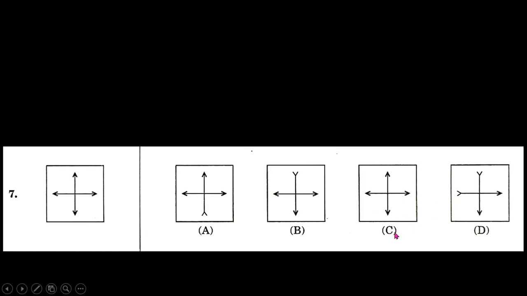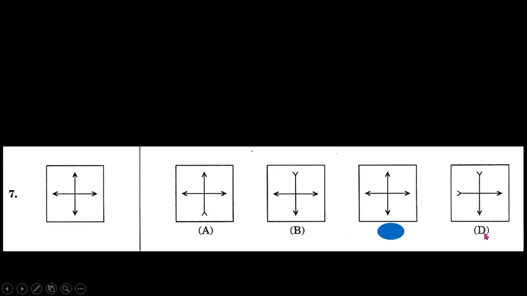Moving on to answer figure C. Here we have 2 perpendicular lines drawn with lines of equal length, and the arrow marks at the ends are pointing outward, and this figure exactly matches with the question figure. So we mark option C as the correct answer for question number 7.